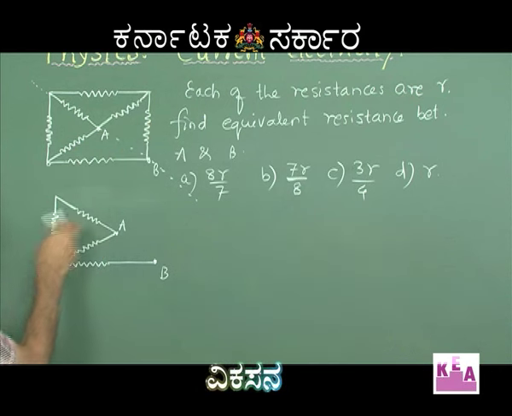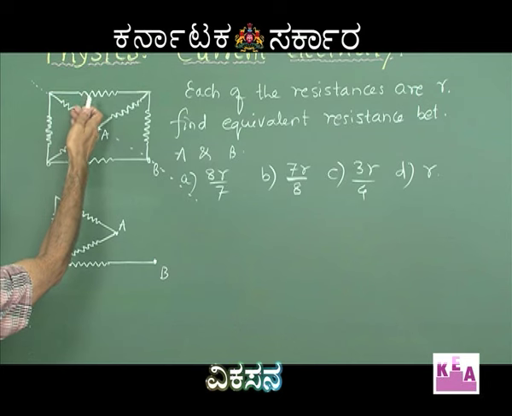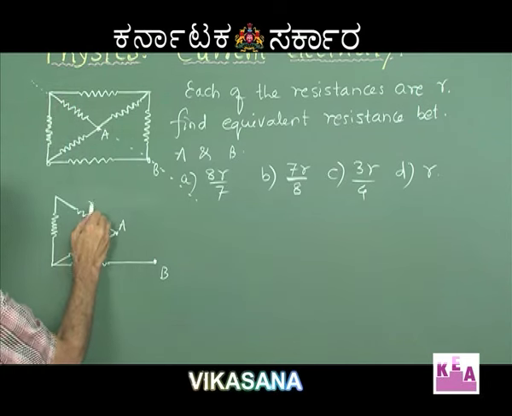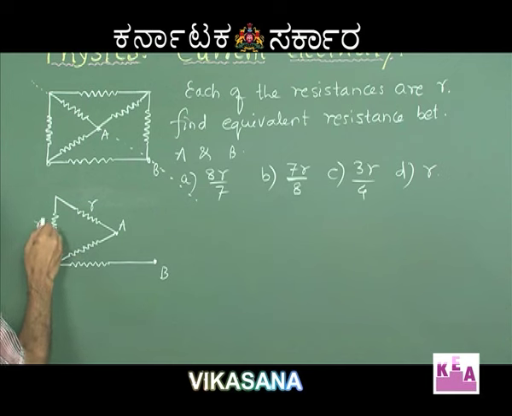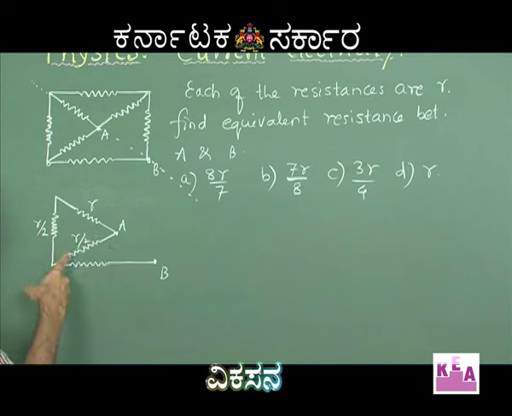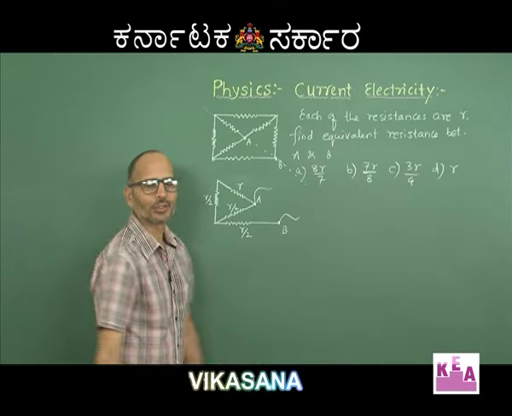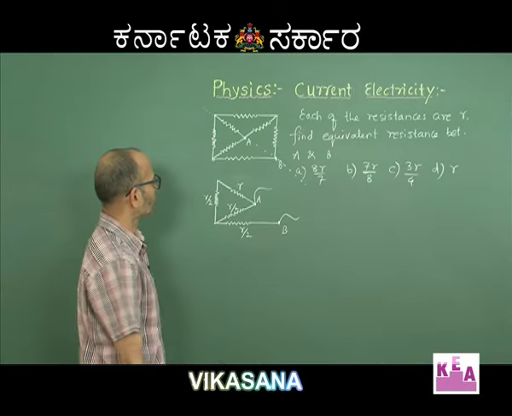Fine. This has still remained as it is because there was nothing to be overlapped on this, it was coming on the line of symmetry. So this has remained R, this has become R by 2, this has also become R by 2, and this has also become R by 2, and you are supposed to find out equivalent resistance between A and B.